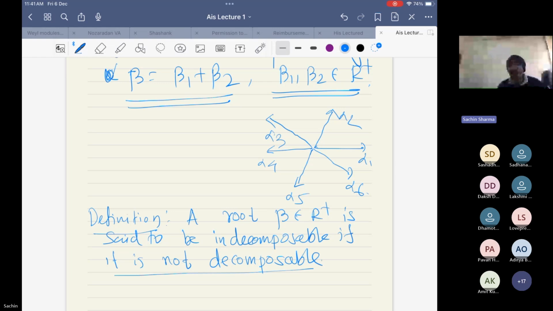So if it is not decomposable, then it is indecomposable. Like in the previous example, alpha 1 and alpha 3 are the indecomposable roots.